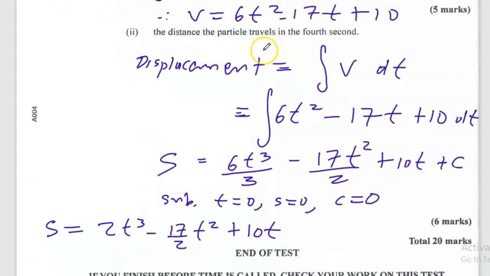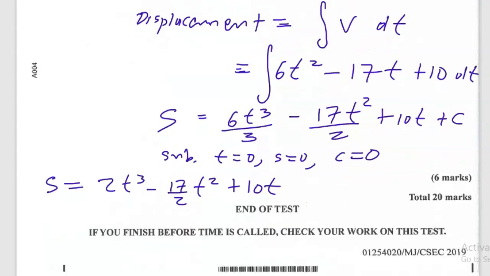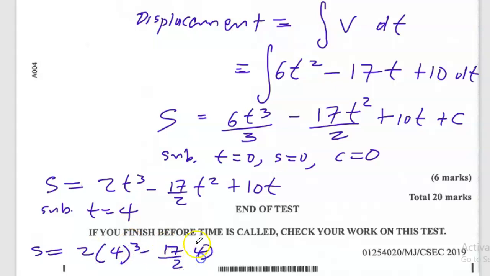So to get the distance in the 4th second, we simply replace t with 4. So we substitute t is equal to 4. So S equals 2 times 4 cubed minus 17 over 2 times 4 squared plus 10 times 4, and that should give us 32 meters.